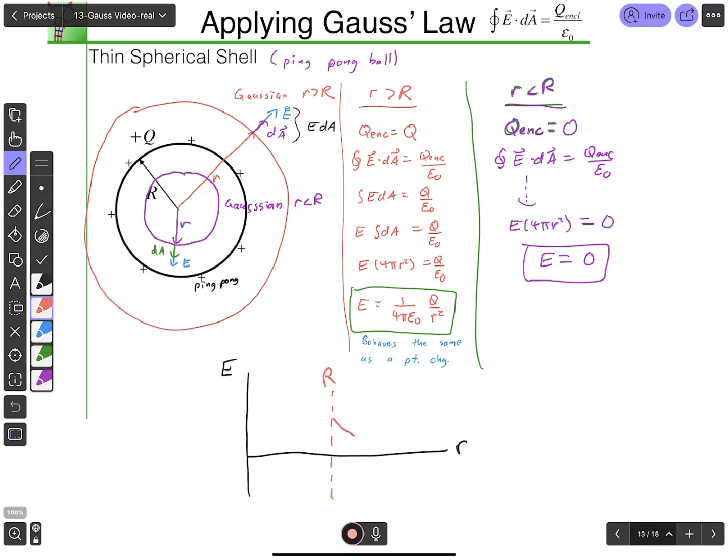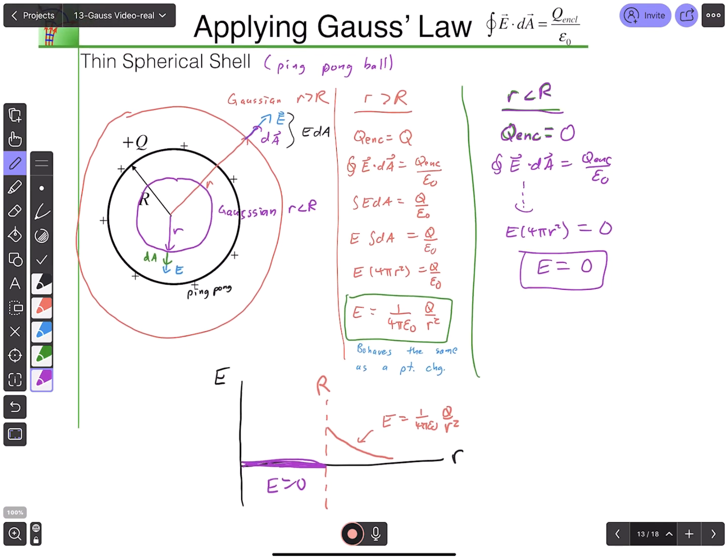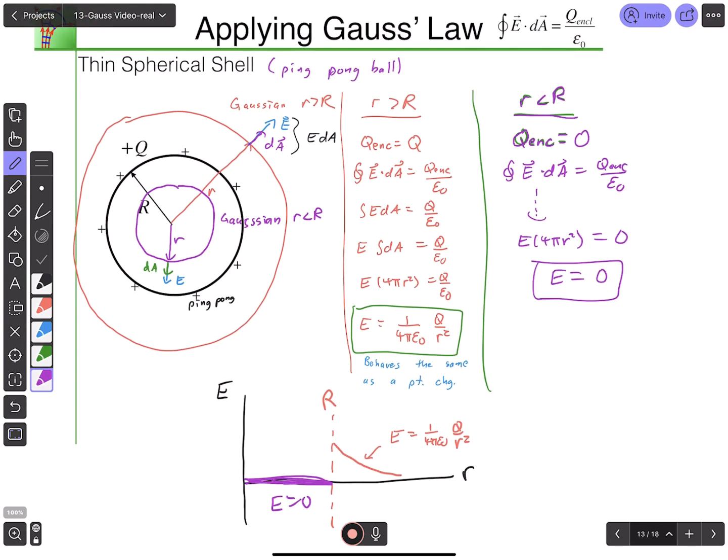Outside the sphere, we saw that the electric field is just 1 over 4 pi epsilon naught q over r squared. So it goes off as 1 over r squared. But when we're inside, the electric field is 0. So here the electric field is 0. Then outside it goes off as 1 over r squared. So that's the electric field for a shell.